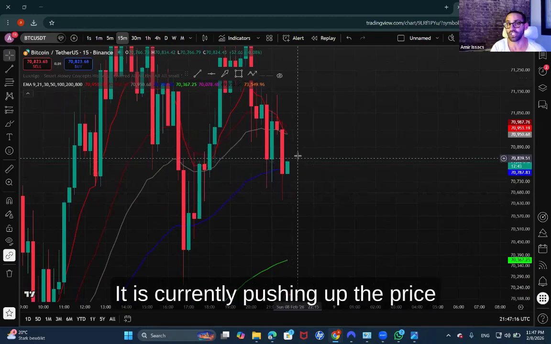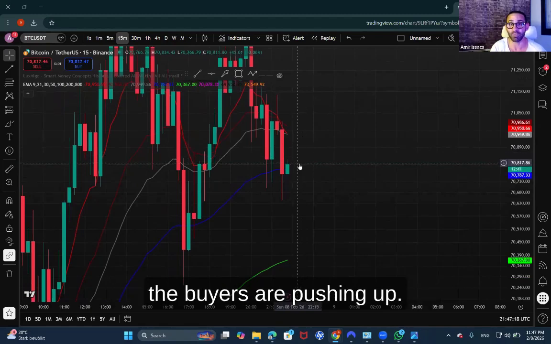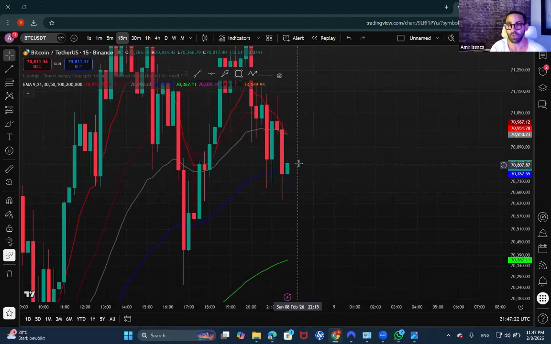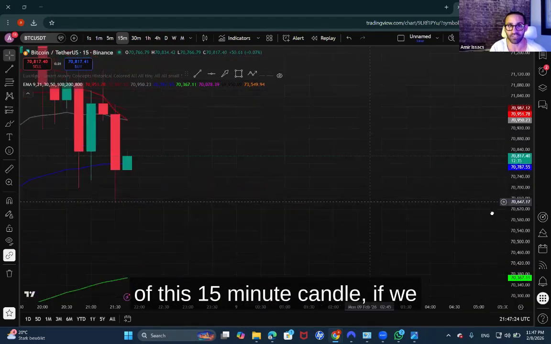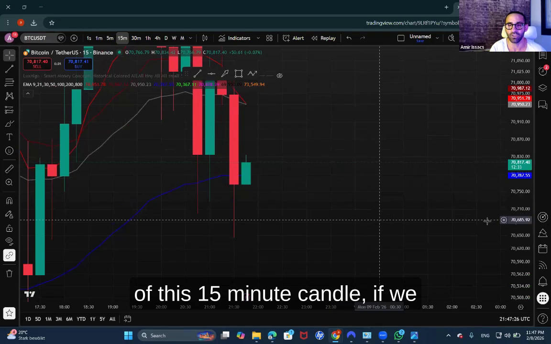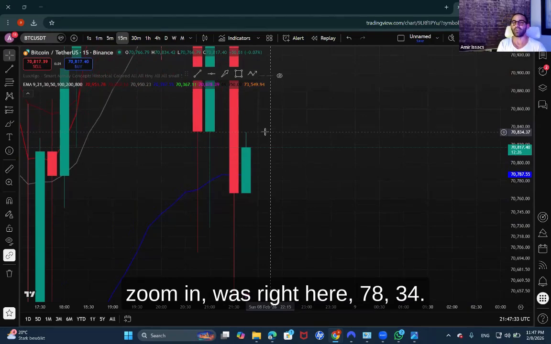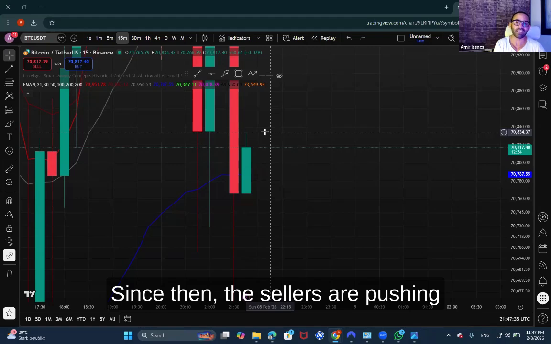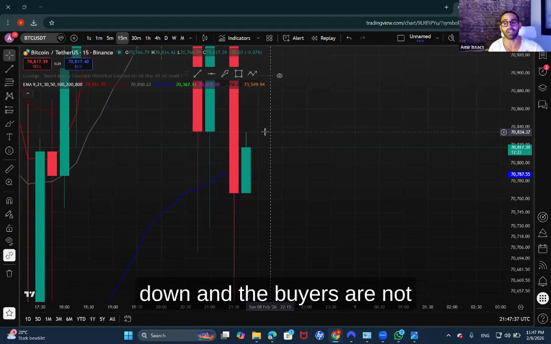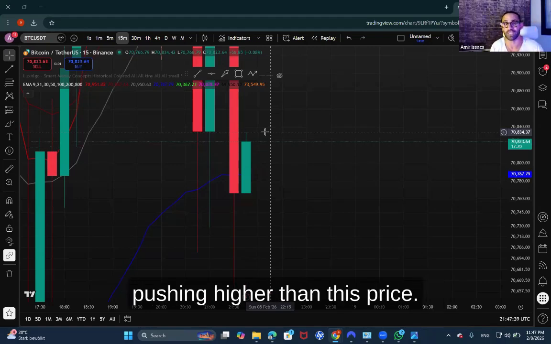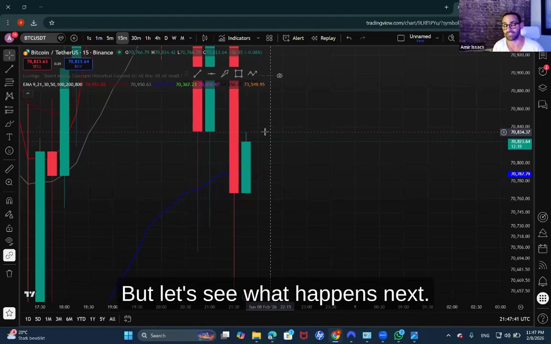It is currently pushing up, the buyers are pushing up. So right now, the highest point of this 15-minute candle, if we zoom in, was right here, 78.34. Since then, the sellers are pushing down and the buyers are not pushing higher than this price. But let's see what happens next.